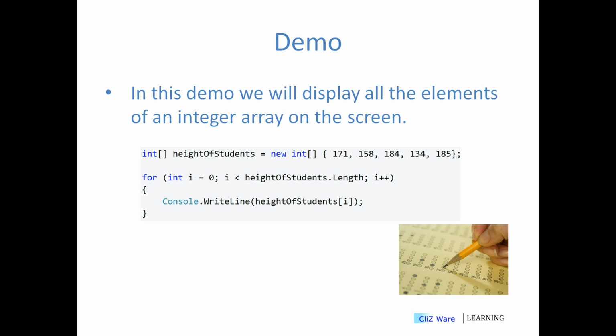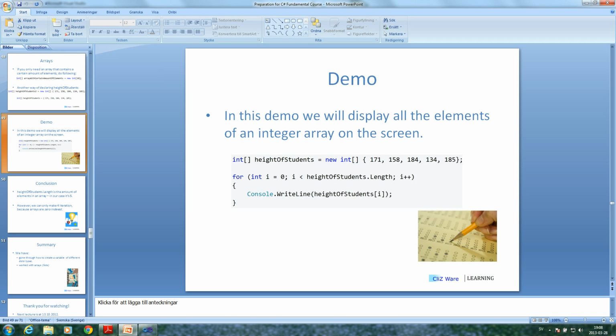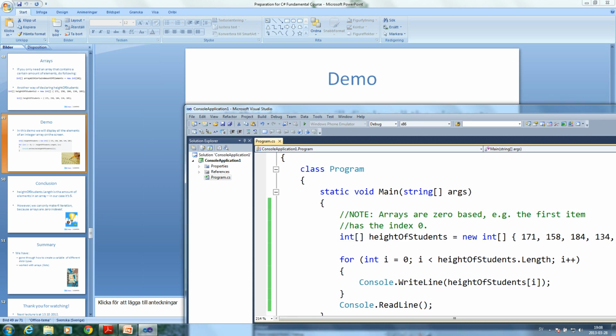So let's look at the demo, and actually I think we've done this. I think I did it too early. So what we can see here, this is basically the demo.